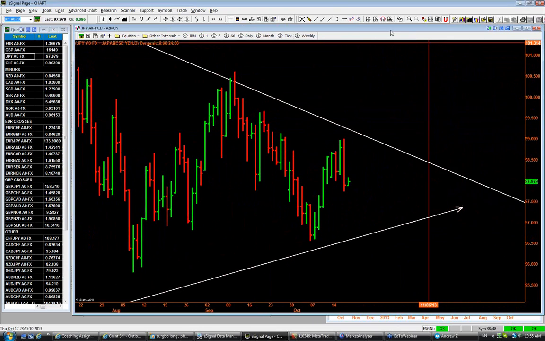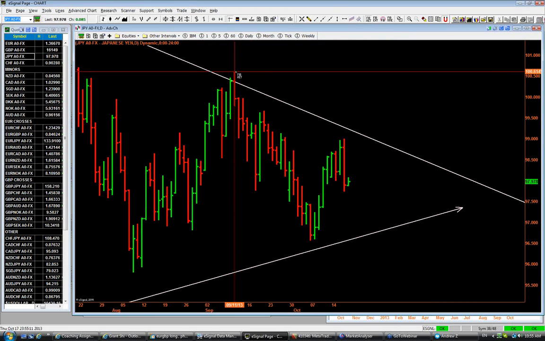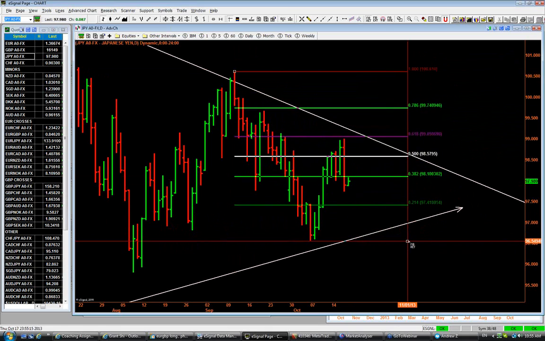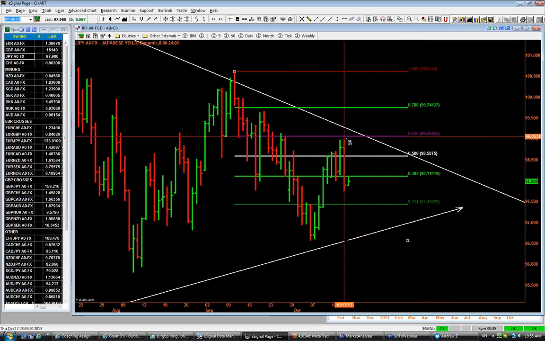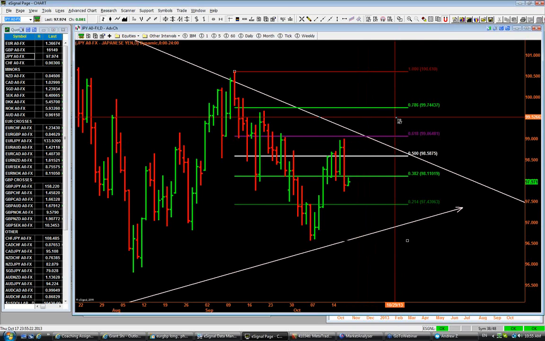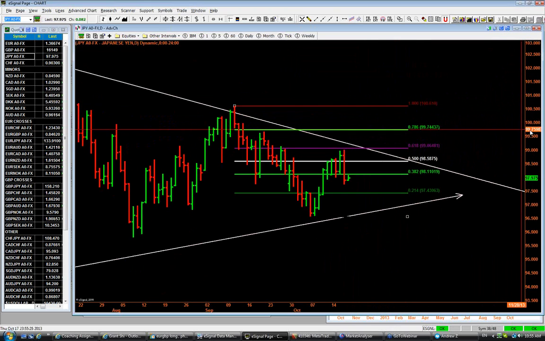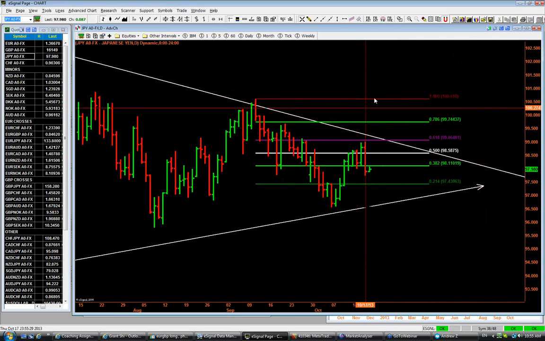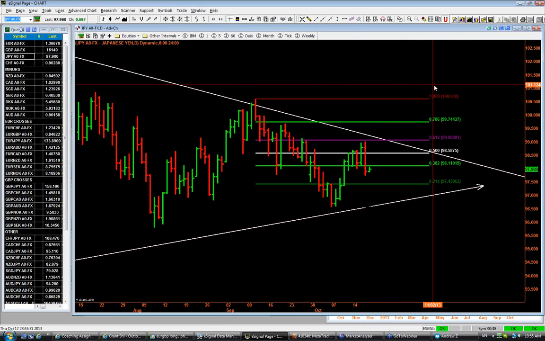A triangle is very good for using the Fibonacci, from this top to this low. It doesn't exactly touch, just about 61.8. So when I see that, I just want to wait for the pullback.